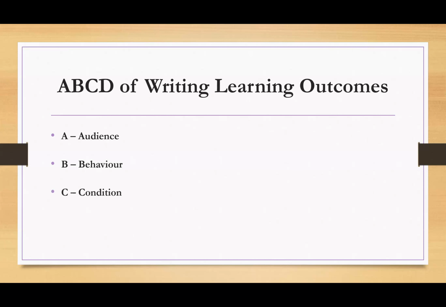And here we need to be fully focused on what Bloom's taxonomy describes: the different kinds of thinking that people do and how they use it. C, condition. The learning outcomes should describe what learners will use or have access to, or not be allowed to use.